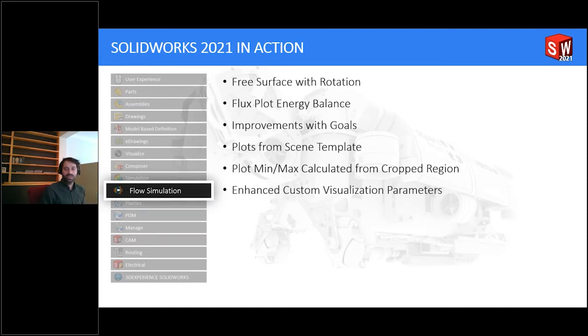And we can now get the maximum and minimum in a plot, and it will take into account what the cropped region is in that plot. Also, the custom visualization parameters have now been improved to allow you to reference other custom visualization parameters.